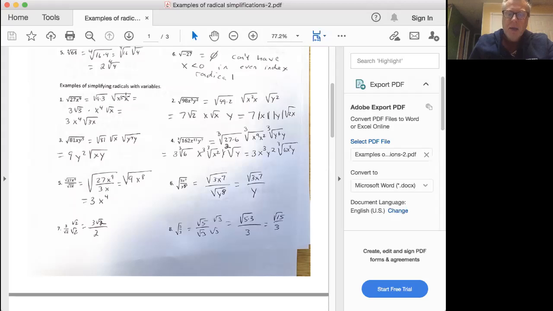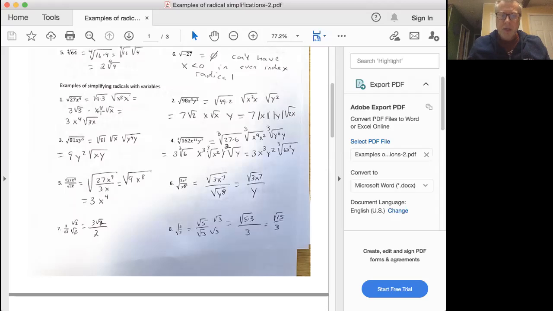Why do we do that? Well, because then we take this power and divide it by 2. That gives us x to the 4th. That's the same thing as saying x to the 4th squared gives us x to the 8th. So you take that number and divide it by the index. That goes outside of the radical, outside the square root, or the 4th root, or the 6th root, or whatever even root you have. And then the x stays inside the square root.